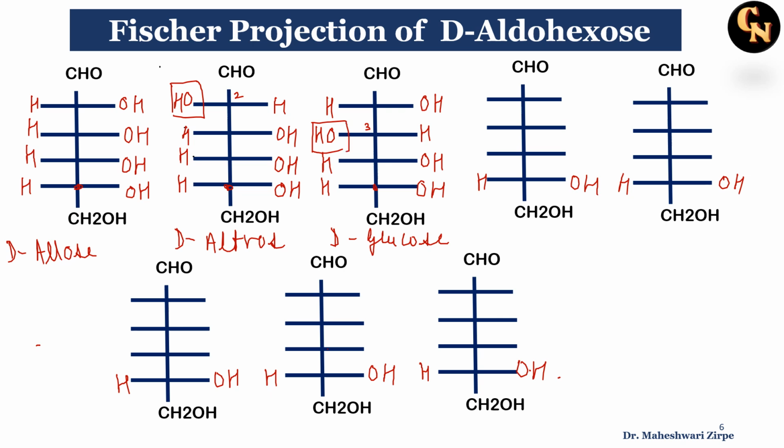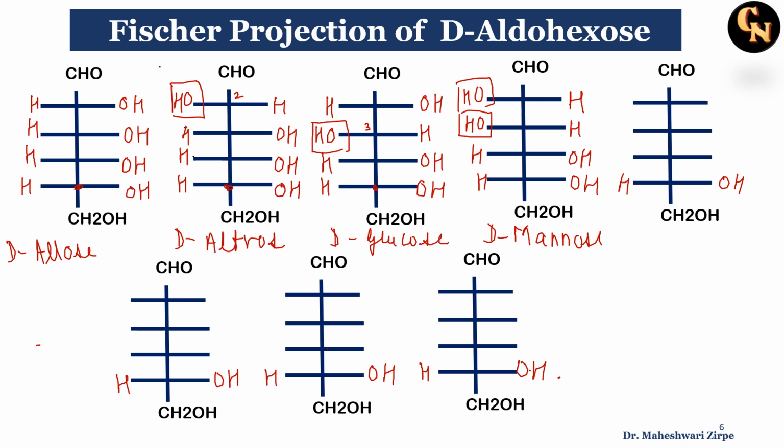So this is how the position of the third carbon is changed. Now next one is D-mannose, where you will find that the positions are changed for the first and second carbon. The other two remain on the same side. That is D-mannose.